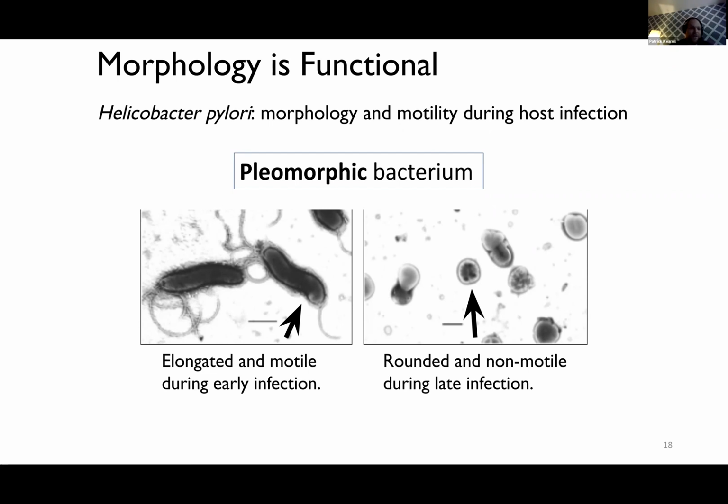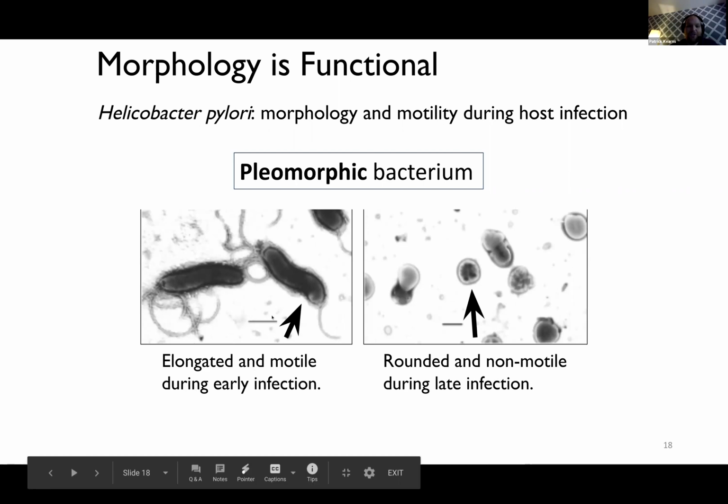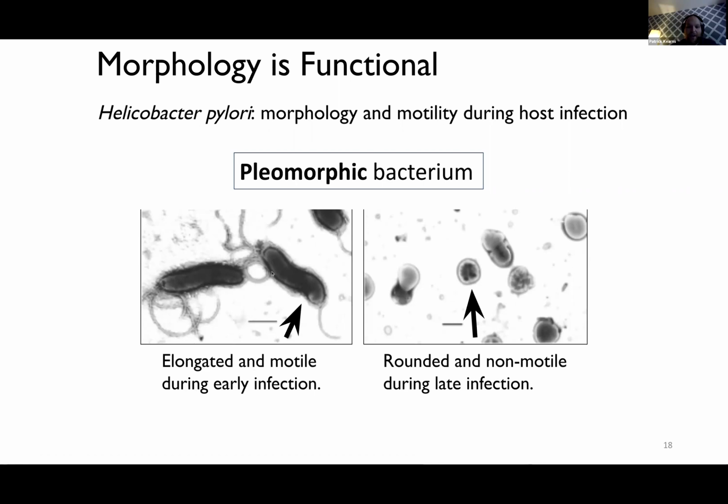It lives in your stomach. It embeds itself on your stomach lining. It is a natural part of your gut microbiome, but it can cause some pretty serious infections if you have the right strain of Helicobacter pylori. It's kind of an interesting thing. When we look at Helicobacter's morphology, it has this pleomorphic life cycle where, when it's trying to infect a host, it is elongated, so it's bacilli shaped, and motile.